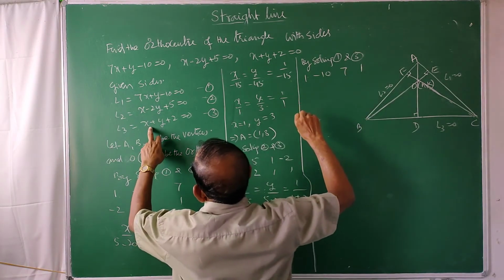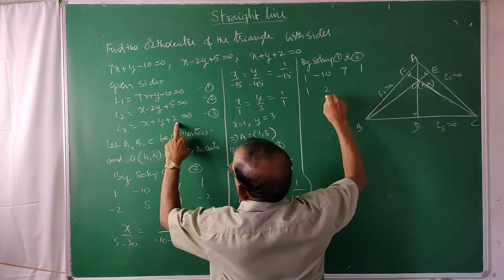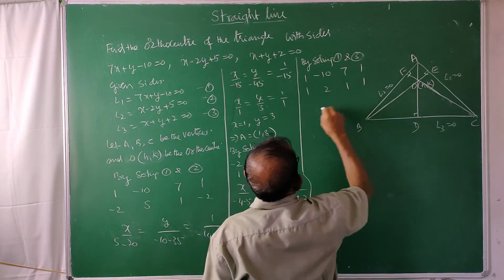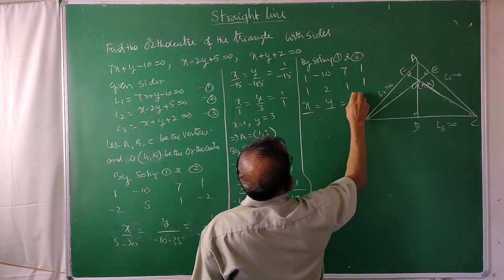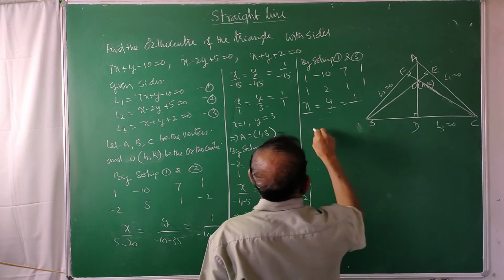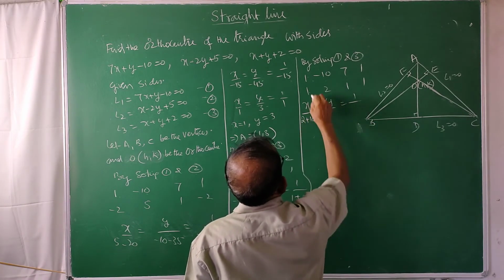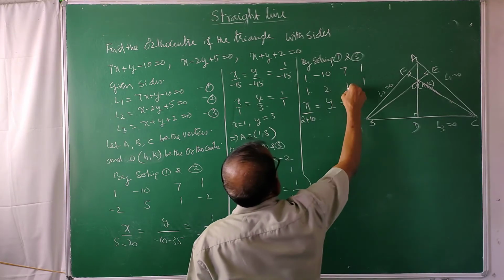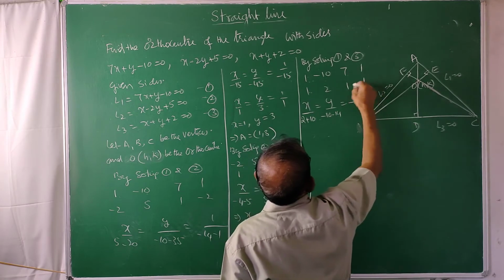From 3, 1, 2, 1, 1. x by y by 1 by 2 plus 10, minus 10 minus 14, 7 minus 1.